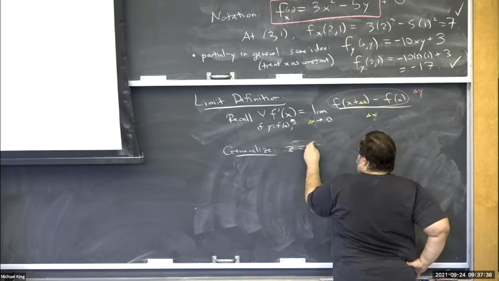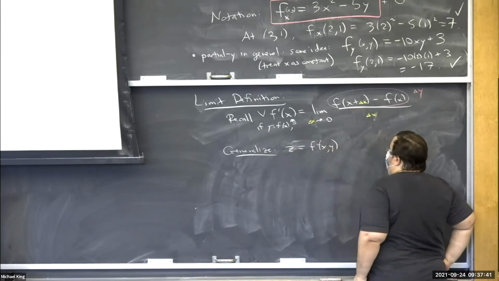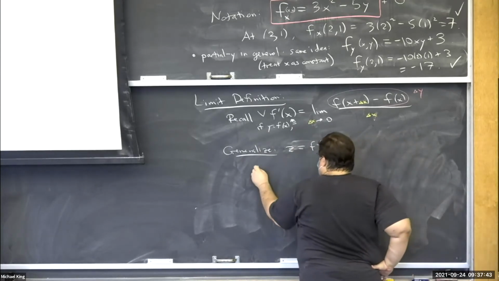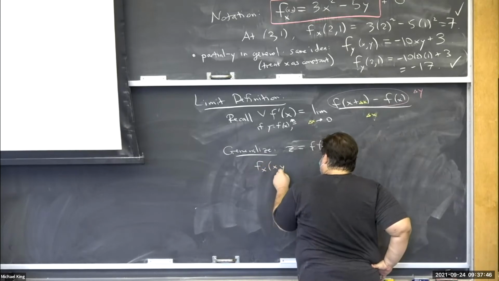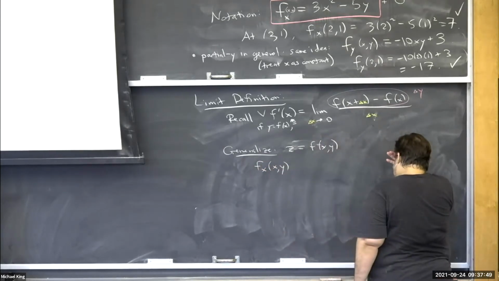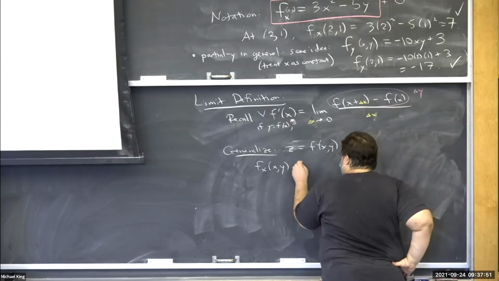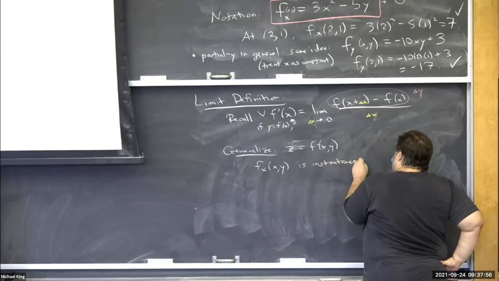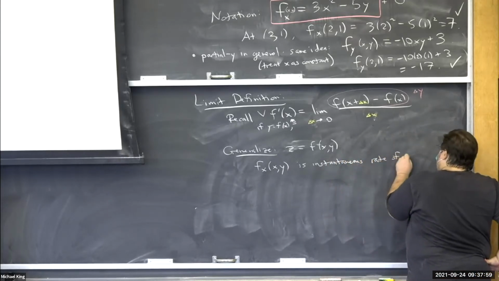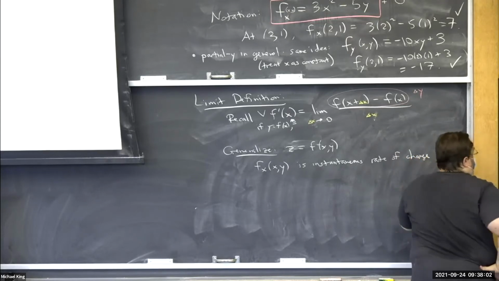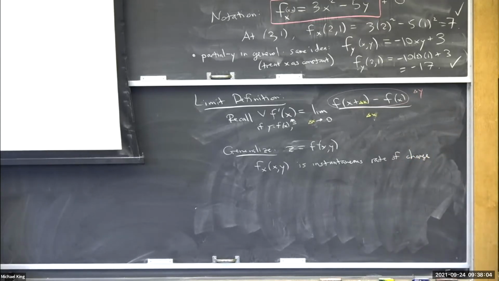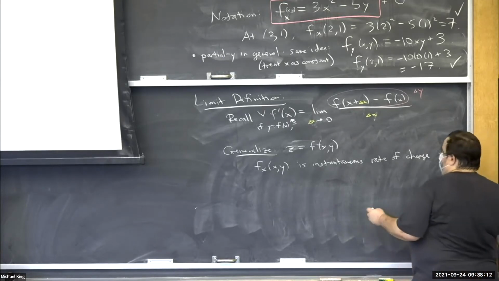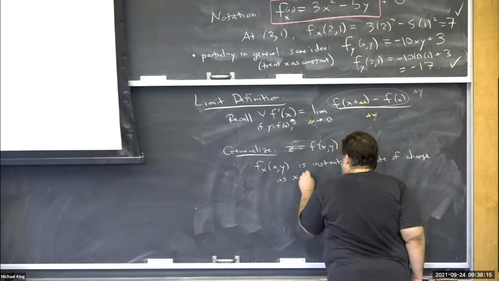If z is a function of x and y, f sub x, the partial x, is the instantaneous rate of change as x changes and y is fixed. I could add ROC here for rate of change. It's another acronym. IROC is instantaneous rate of change. As x changes, y is fixed.